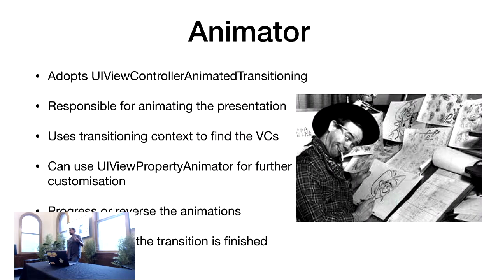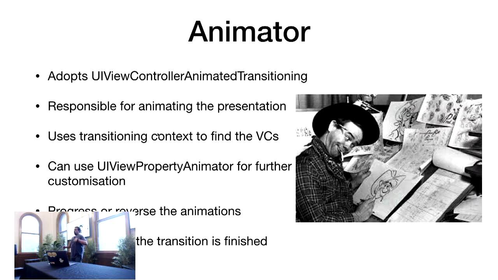The animator is the class that will be adopting this view controller animated transitioning, and it will be responsible for animating the whole presentation. And as I was explaining before, we have in this context the from and the to view controllers, so we need to take them from there.